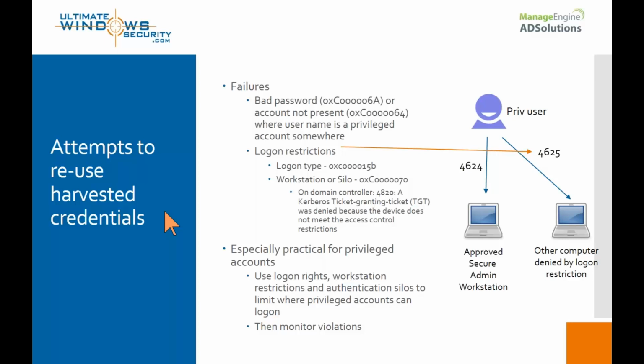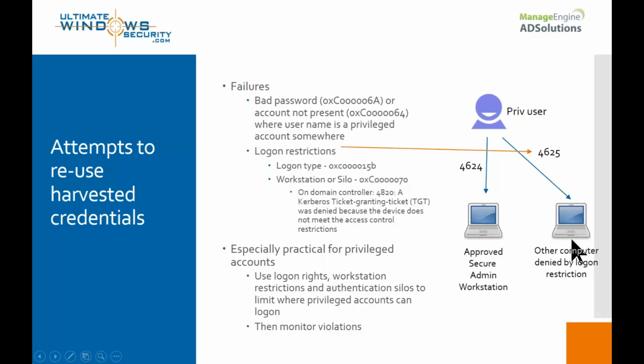So he tries. See, here's an example right here. We have a privileged user account. When it logs on to an approved secure admin workstation, it's going to succeed. That's 4624. But if a bad guy has gotten control of that privileged user account, he's going to use that to potentially log on to any other computer out there.